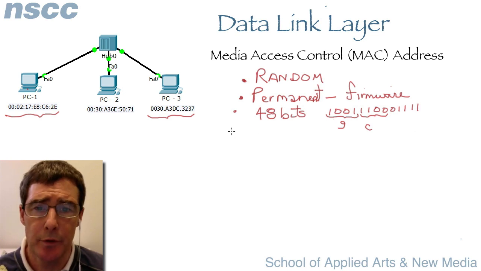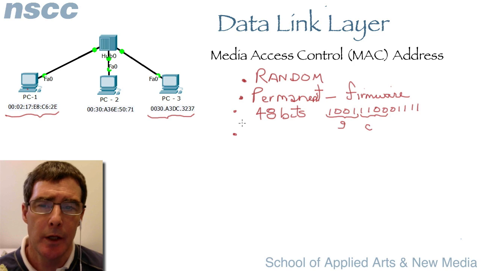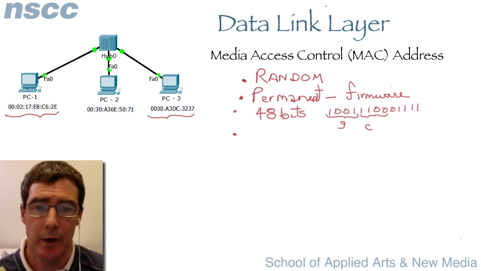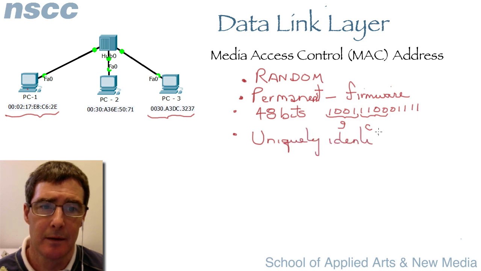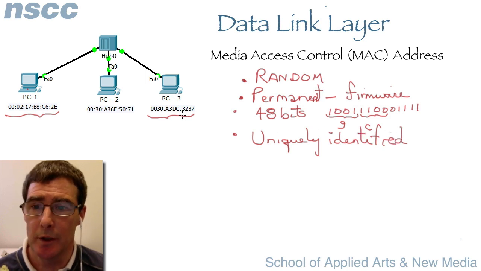Why would we want to do this? Well, in order to send information from one NIC to the other, we could send it globally, anywhere in the world. So we need everything to be uniquely identified. So we want every network card in the world to be unique.